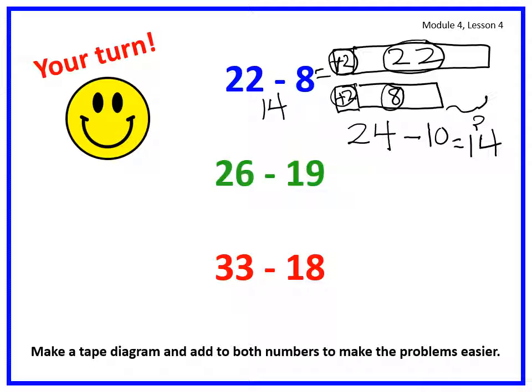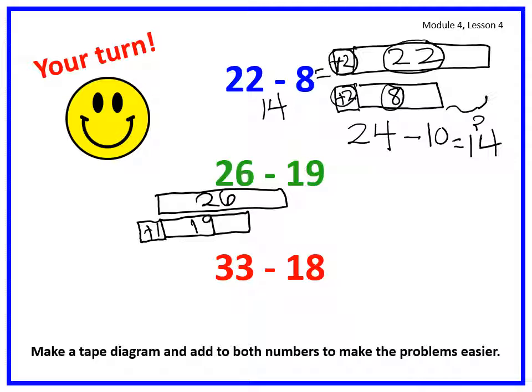Let's do that again with 26. So here, I'll do it 26 and 19. So I'm always putting the larger number on top. And then the bottom number is the one I want to look at to see how many more I need to make the next 10. So 19 is how many away from 20?